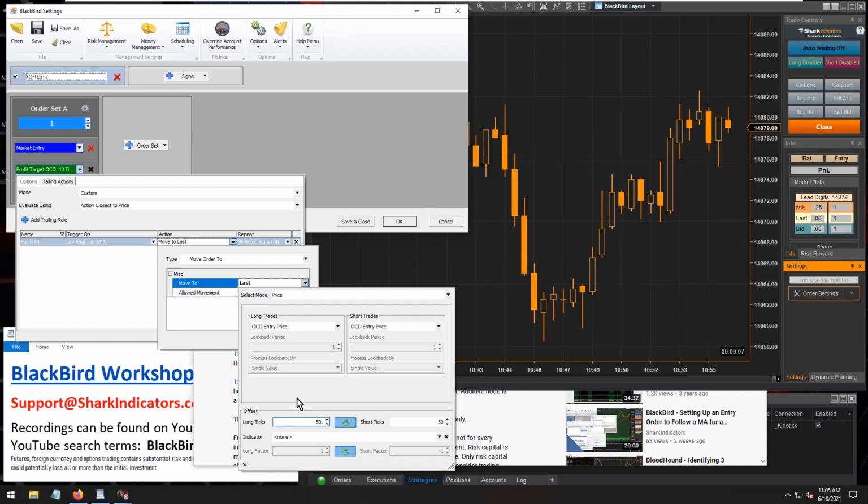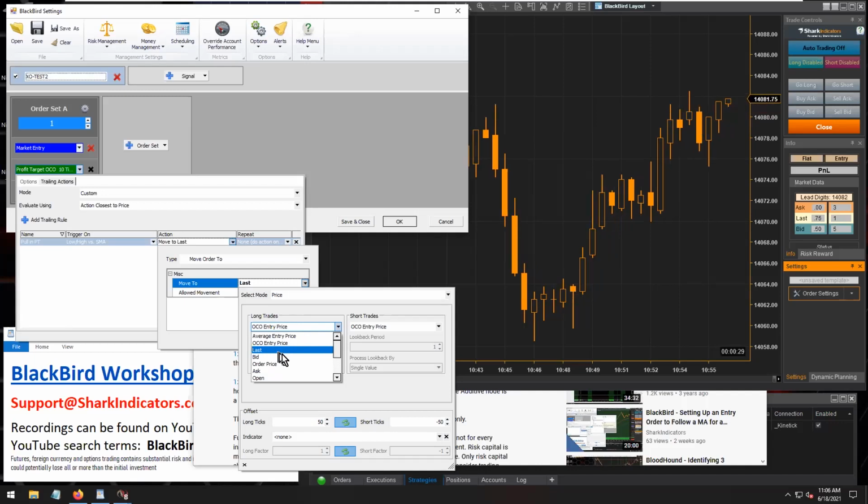Or we could take the closing price of the bar: when our pullback happens, we take the closing price of the bar and add so many ticks to it.